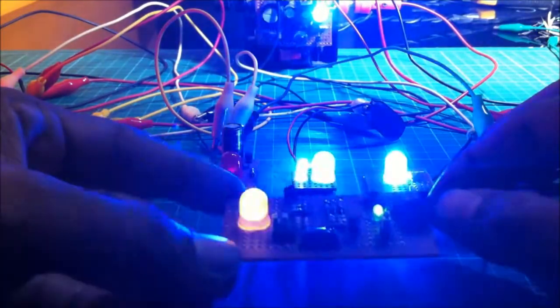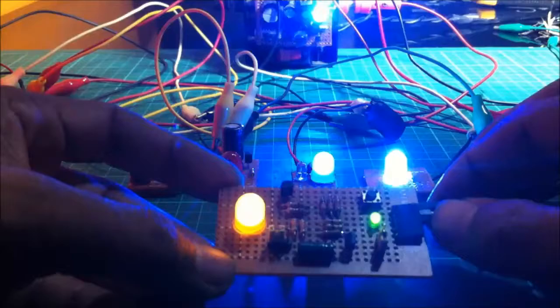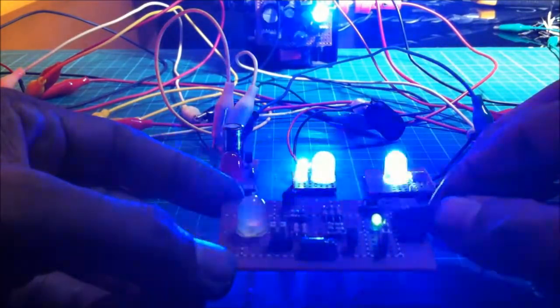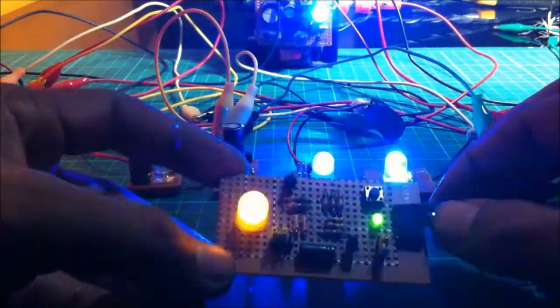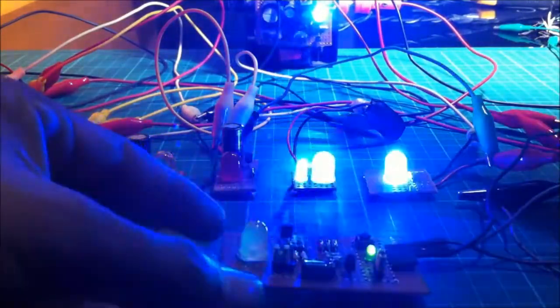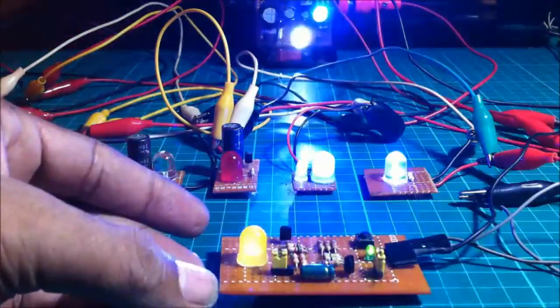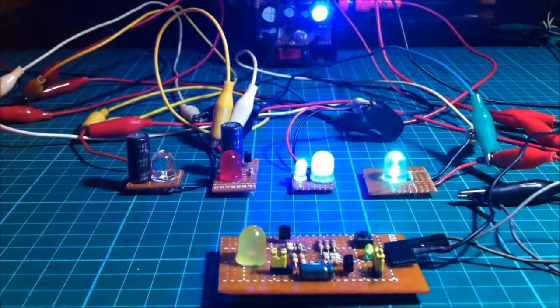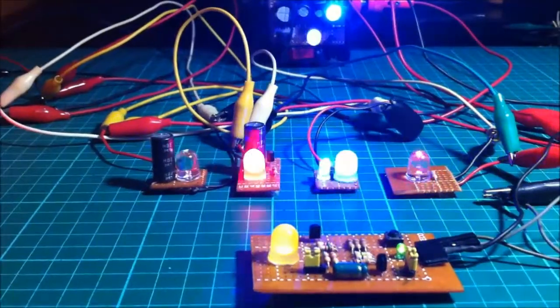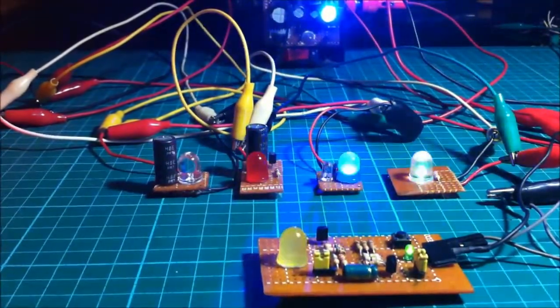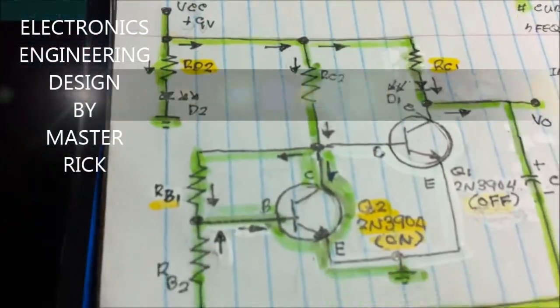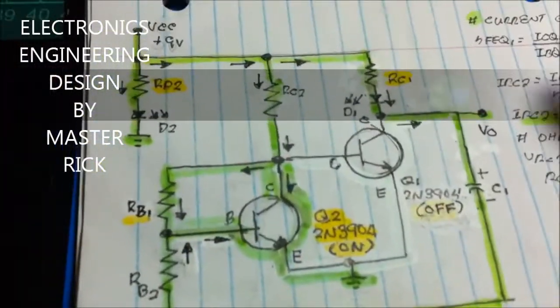That is how we study the current flow, or we're going to see the circuit diagram. So let us see the circuit diagram of this switchboard. We get this. This is the circuit diagram.